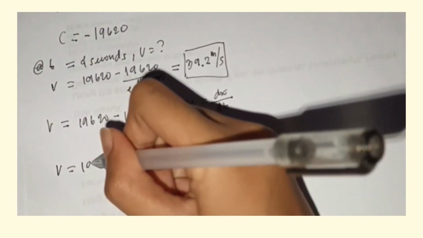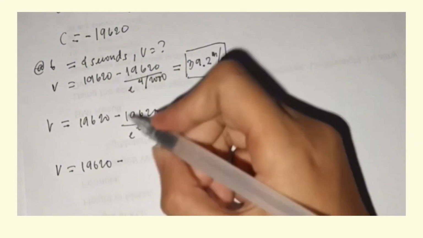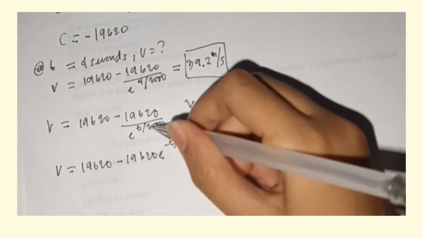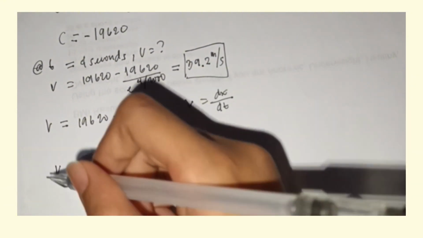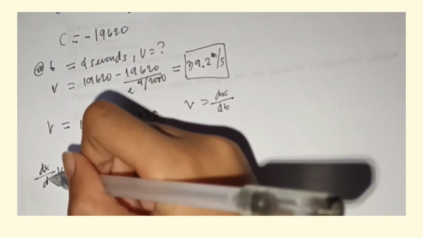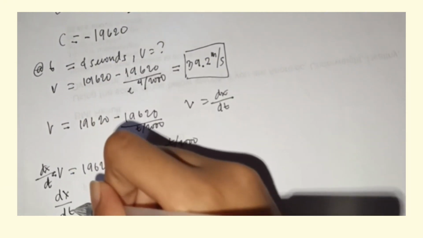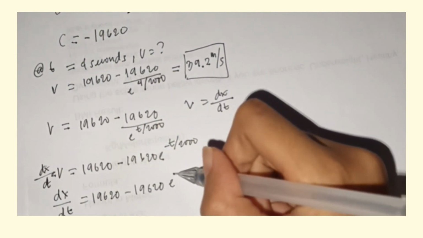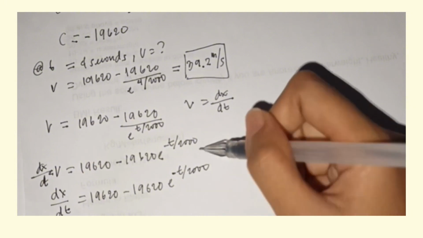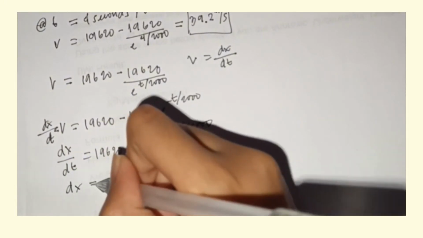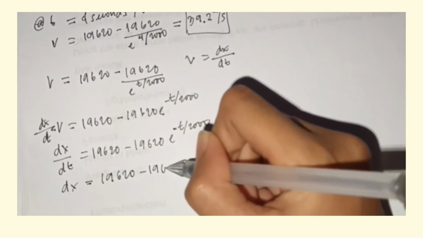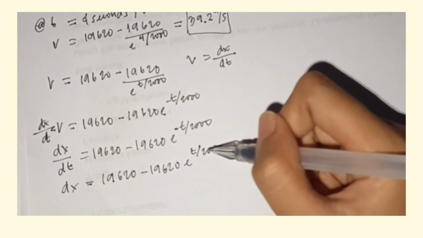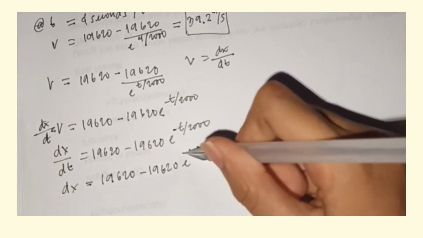So v equals dx over dt, which is 19620 minus 19620 e raised to negative t over 2000. So we cross multiply.